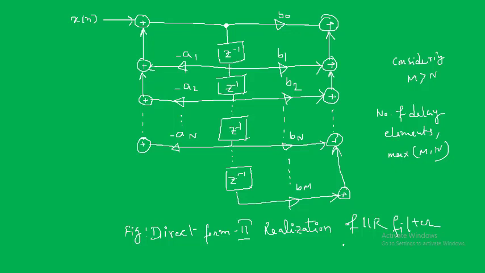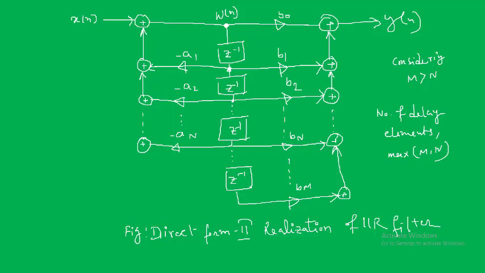So if we merge figure 1 and figure 2, we get this figure. Here we have w of n. At this point we have w of n minus 1. So at the input side as well as at the output side we can utilize them. That means by tapping from here, w of n minus 1, we can utilize it on both the input side and the output side.